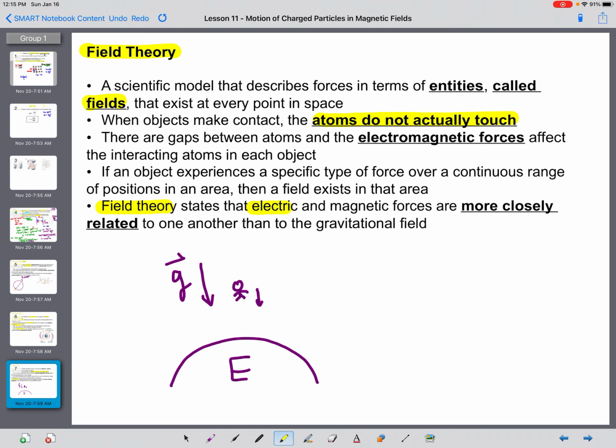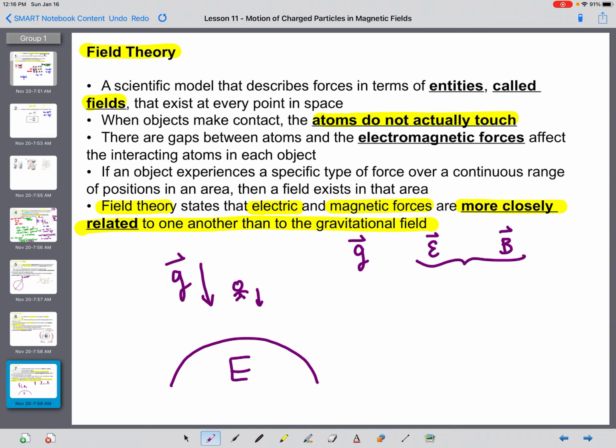Okay, and the field theory says electric and magnetic forces are more closely related to one another than the gravitational field. We have studied the gravitational field, we have studied the electric field and also the magnetic field.